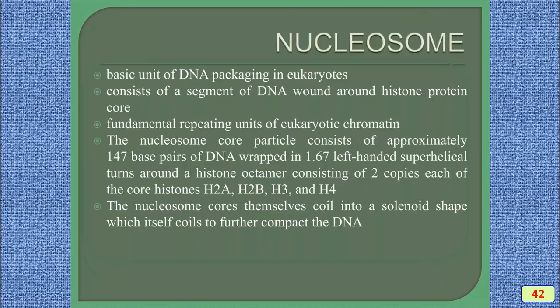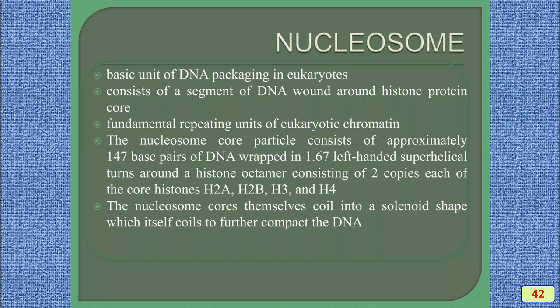Then the nucleosome, a basic unit of DNA packing in eukaryotes, in most of the eukaryotes apart from the prokaryotes. It consists of a segment of DNA wound around a histone protein core, the fundamental repeating unit of eukaryotic chromatin.